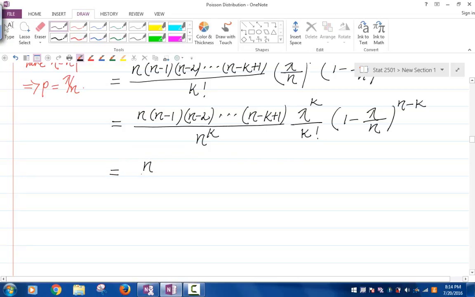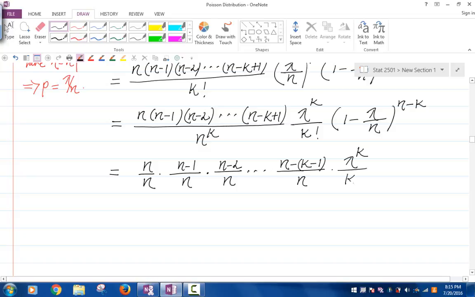I can write this as n divided by n times n minus 1 divided by n times n minus 2 divided by n dot dot dot n minus, now n minus k plus 1 can be written as n minus k minus 1, divided by n. We have lambda to the k over k factorial, 1 minus lambda over n to the n minus k.